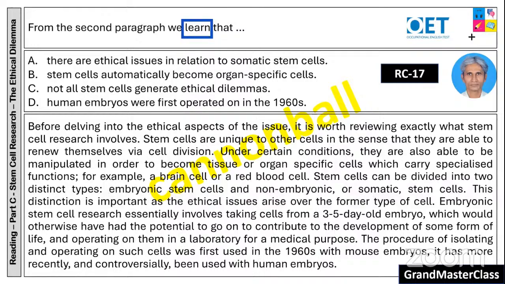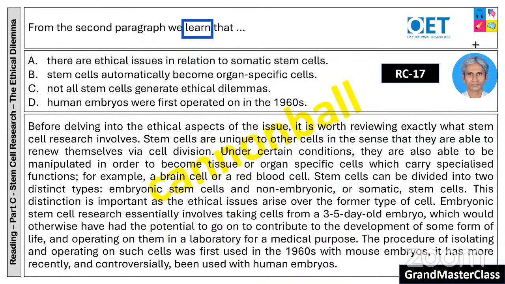Yes, sir. Come on. Can you explain? What do we learn here? From where will you get the answer? Yes, sir. After reading the whole paragraph, there is one particular line where it is written that this distinction is important as the ethical issues arise over the former type of cell.